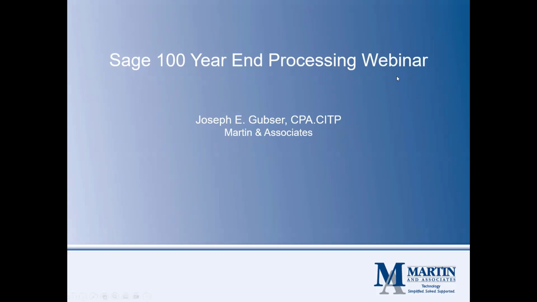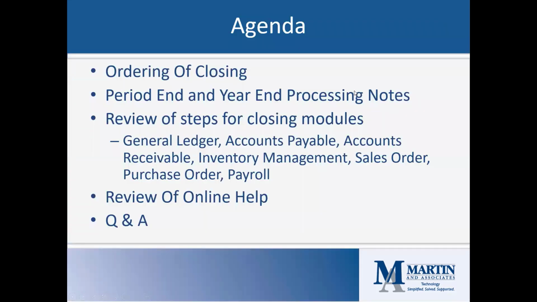So we'll move on here, and this is an agenda of what we're going to cover today. The first thing we're going to talk about is order of closing, and that's referring to what order you would close your modules as you're going through your period and year-end closings. Then we're going to get into specifically some period end and year-end processing notes for the modules you see listed below.